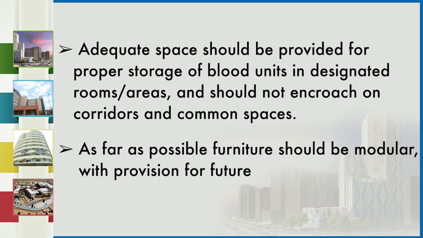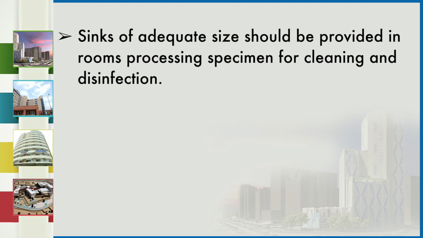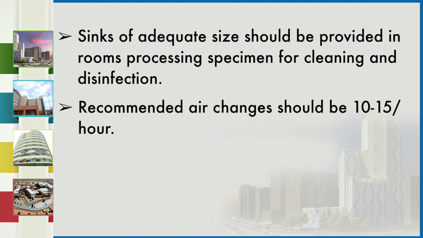As far as possible, furniture should be modular with provision of future expansions. Sinks with adequate size should be provided in rooms processing specimen for cleaning and disinfection. Recommended air changes should be 10 to 15 per hour.